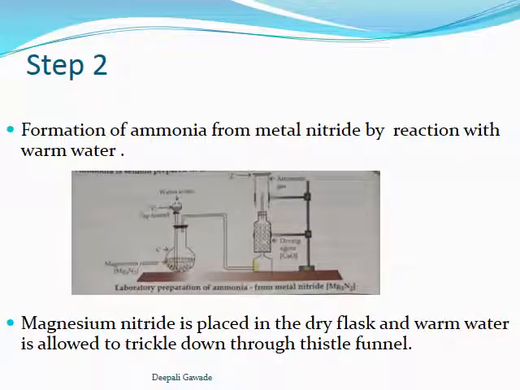Step 2: formation of ammonia from metal nitride by reaction with warm water. Magnesium nitride is placed in the dry flask and warm water is allowed to trickle down through a thistle funnel. The corresponding metal hydroxide is precipitated out and ammonia gas is collected by downward displacement of air.